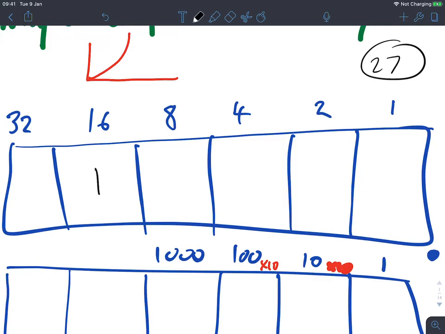So 8 now does go into 11, so we'll place a 1 there. That leaves us with 3. Now 4 of course is bigger than 3, so we can't place a 1 there, so we'll place a 0. 2 does go into 3, so we'll place a 1 there, leaving 1, and of course that then makes our 27.